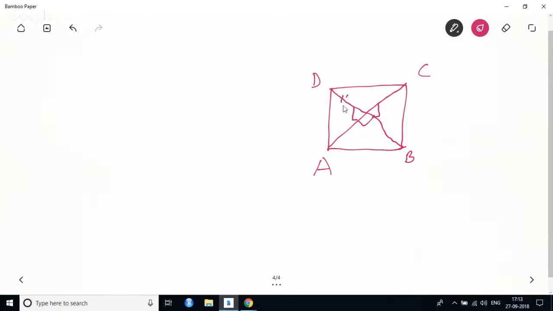Now we have proved that this and this are equal and this are equal. How have we proved? We just proved that half of the diagonals would be equal because diagonals are equal. Now let's try to understand. If I mark it O, so triangle AOD, don't you think it would be an isosceles triangle?